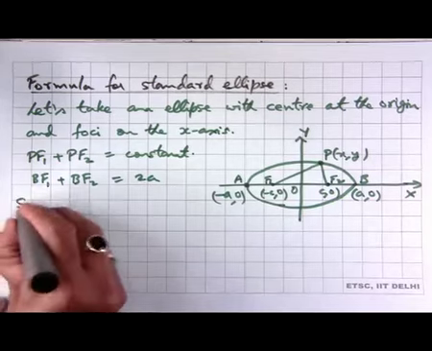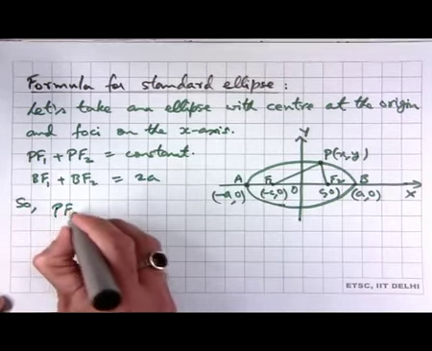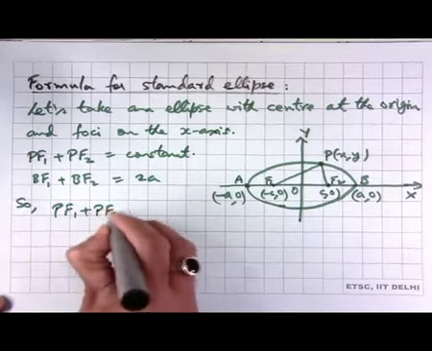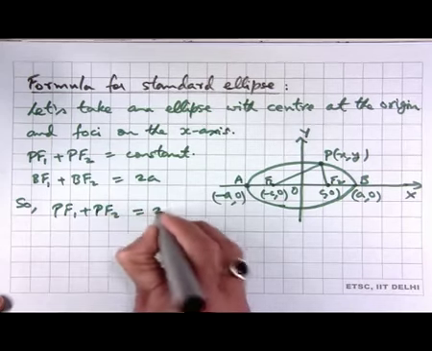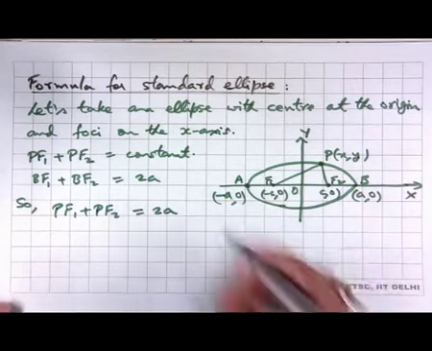So, PF1 plus PF2 must be equal to 2a for every point P on the ellipse.